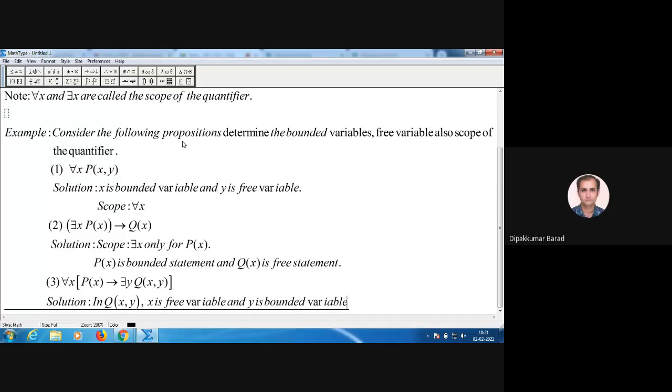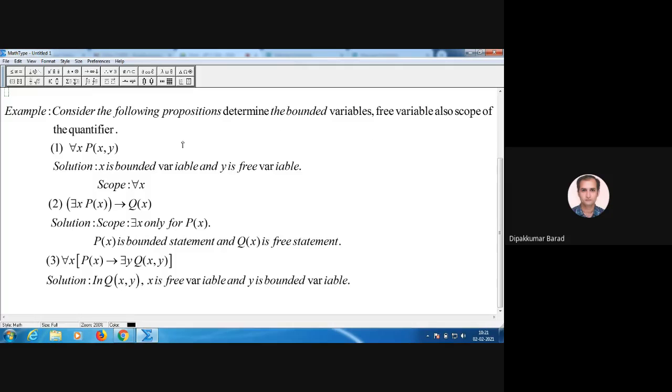And in general x is a bounded variable. So I can say that x is a bounded variable for q of x and q of xy, as we apply here for all x to this whole statement.